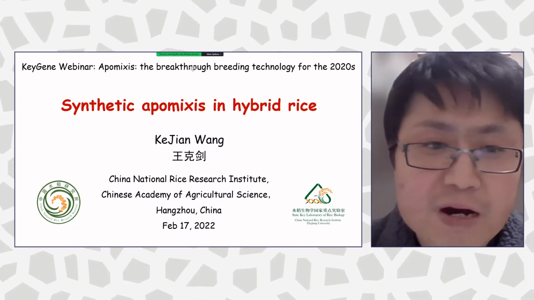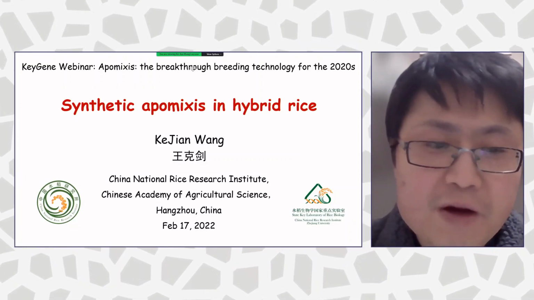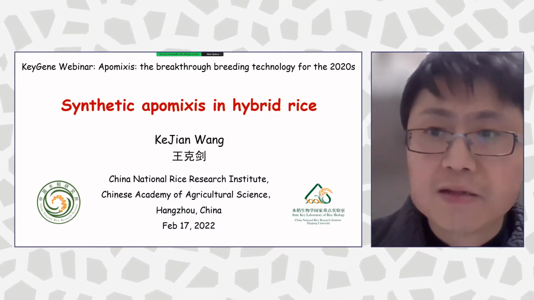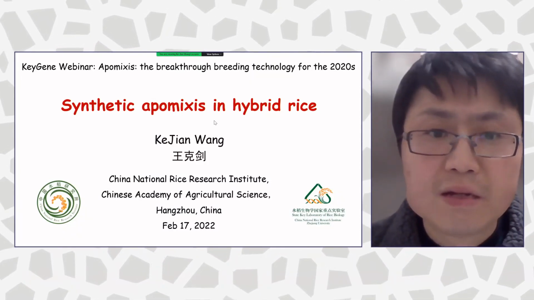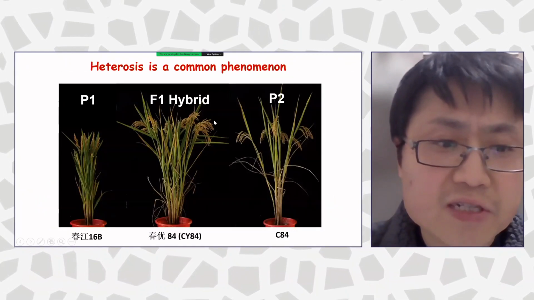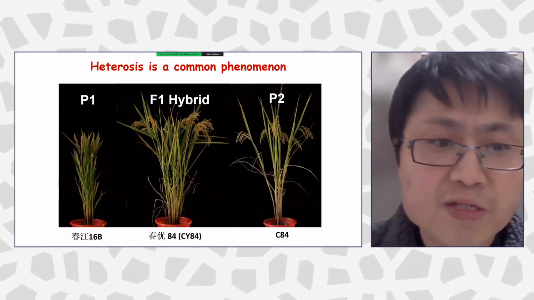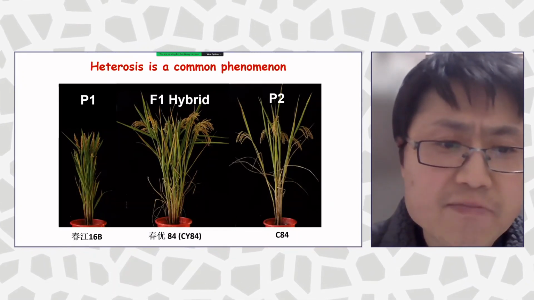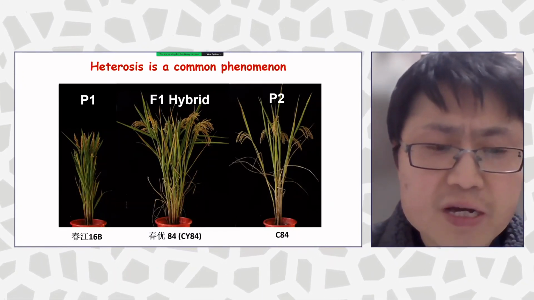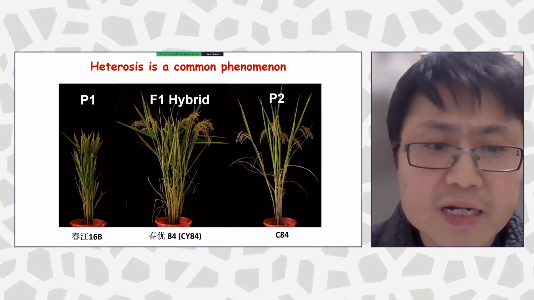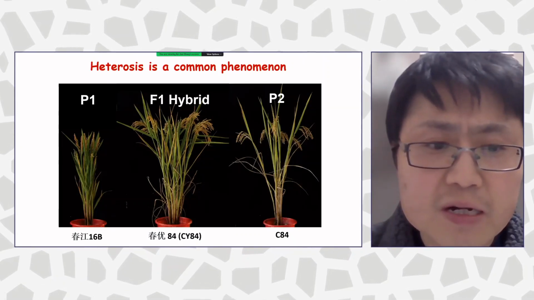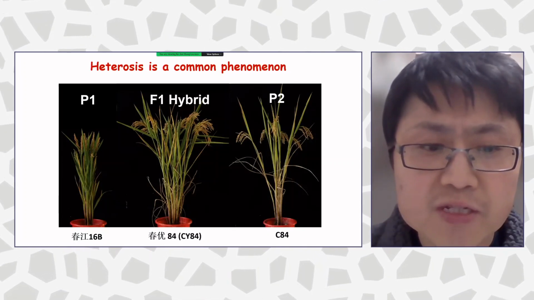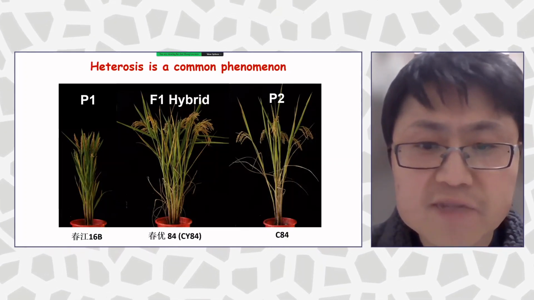Today, I will talk about synthetic apomixis in hybrid rice. As we all know, heterosis is a common phenomenon that has been widely used in agriculture. For example, in this picture, the hybrid rice variety CY84 in the middle displays much increased vigor compared to its homozygous parents.